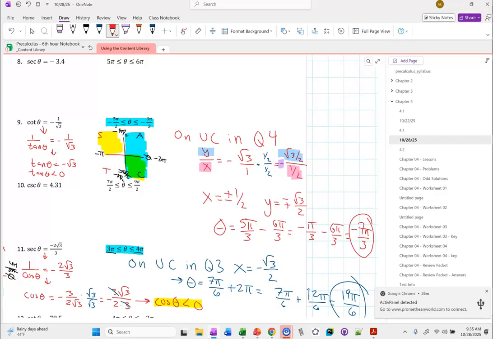Notice negative 7 over 3 is like negative 2 1/3, which is between negative 1.5 and negative 2.5. So I know that's a good answer. Is everybody okay? If I'm finding a coterminal, I'm just going to do it one shot at a time, right?